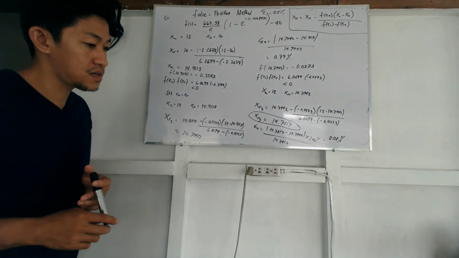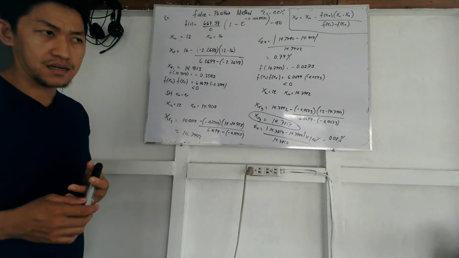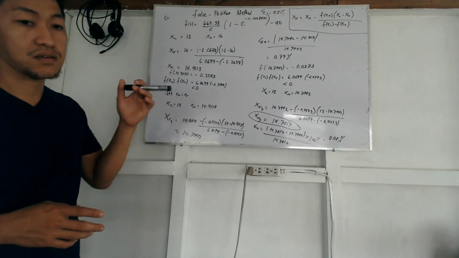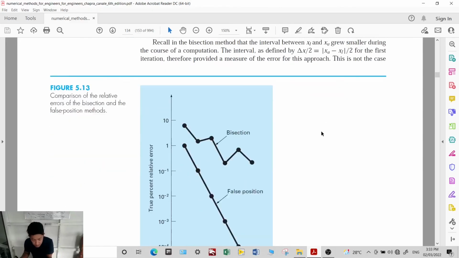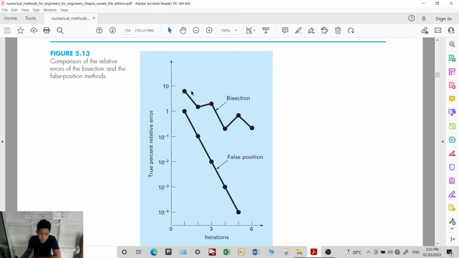However, there are certain cases where the bisection method is much better than this method. Okay, so this is the diagram of the calculation of the roots for bisection and false position. As you can observe, the false position converges faster.